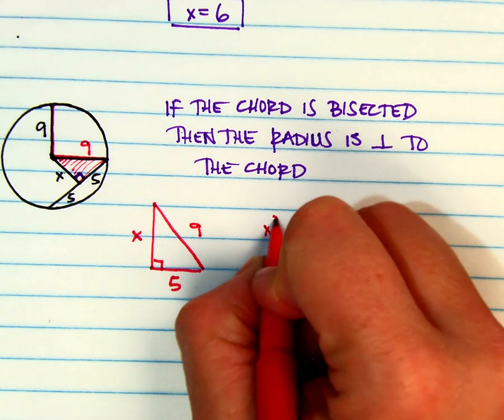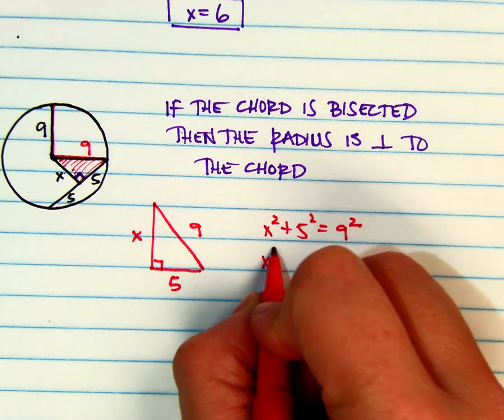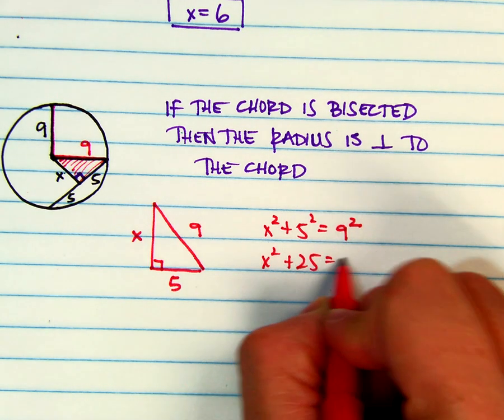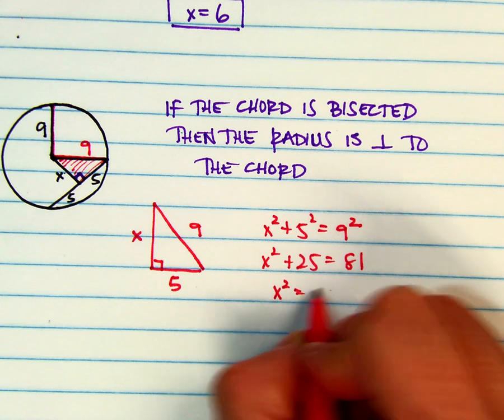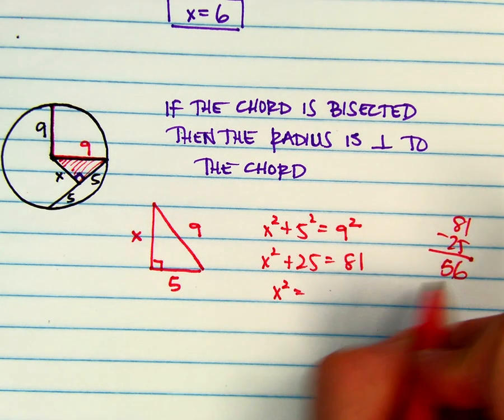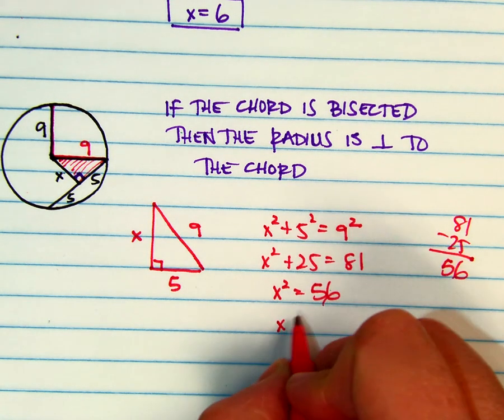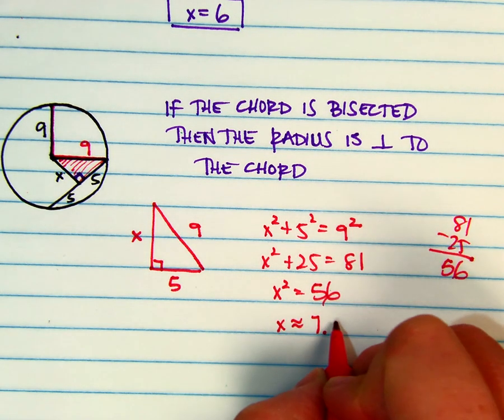So I have x squared plus 5 squared equals 9 squared. x squared plus 25 equals 81. x squared equals 81 minus 25, which is 56. And grab my calculator. And I get about 7.5. So x is approximately 7.5.